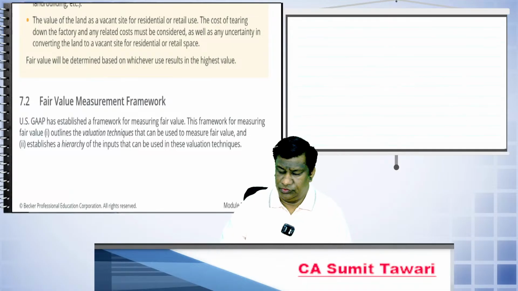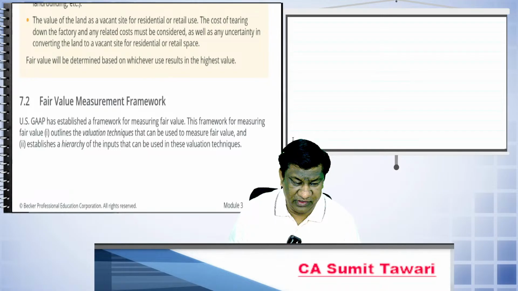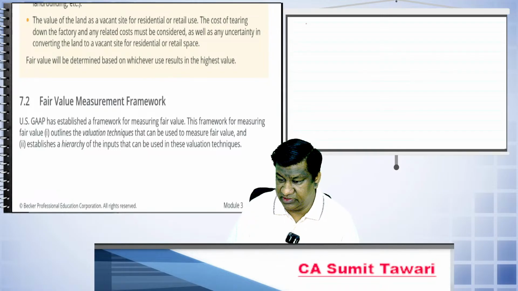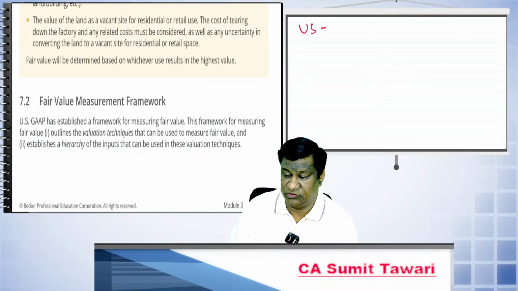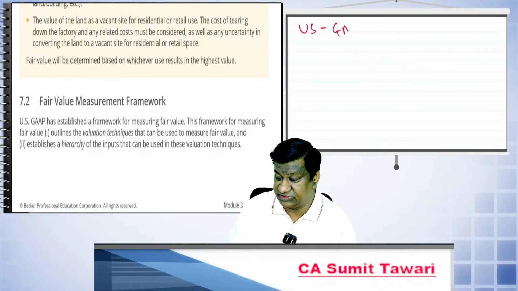Okay. So now today we start with the fair value measurement framework. It is basically given by the US GAAP, meaning how you are going to take the numbers to determine the fair value. That guidance is given in the US GAAP.